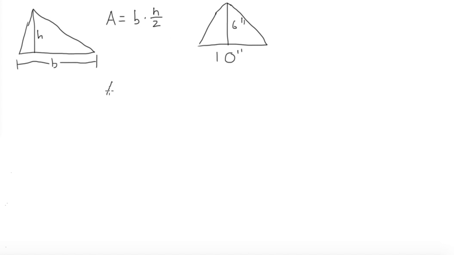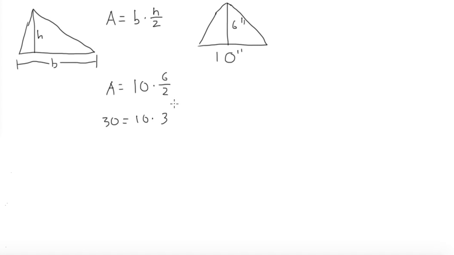So A equals 10 times 6 divided by 2. Let's do the math. 6 divided by 2 is 3, and 10 times 3 equals 30.